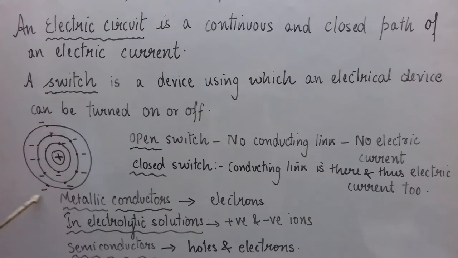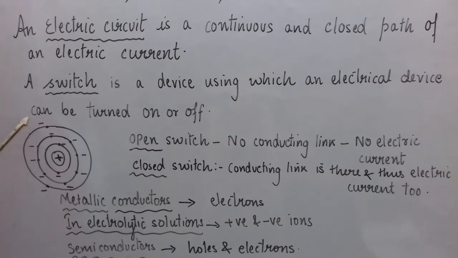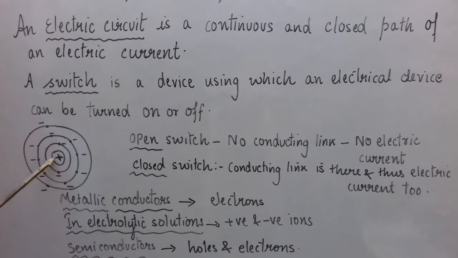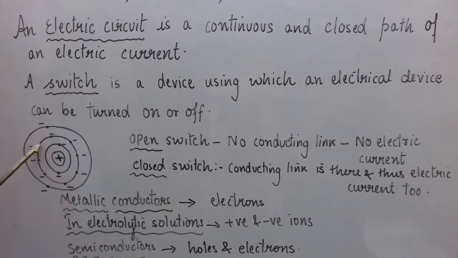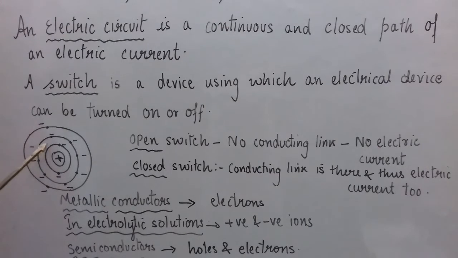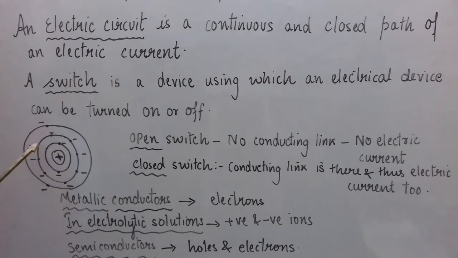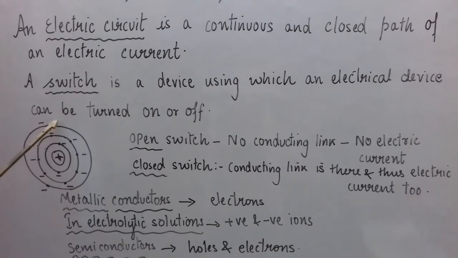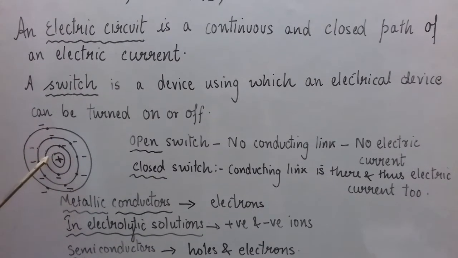The electrons lying in the orbits closer to the nucleus are tightly bound because of the stronger force of attraction between the nucleus and them, compared to the electrons lying in the outermost orbit.